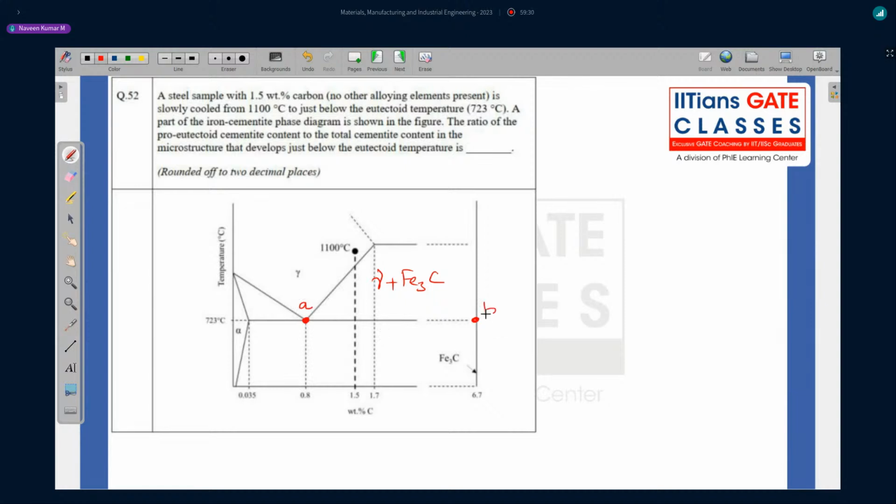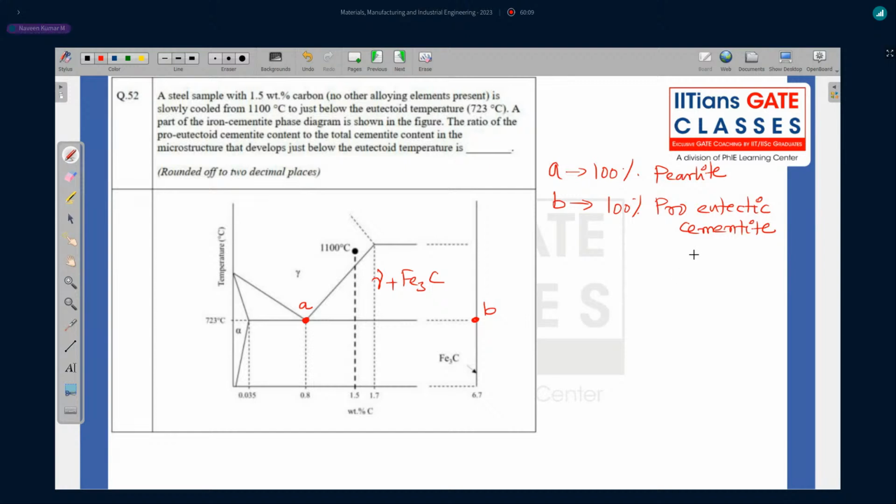I'll write some point B here. B is 100% pro-eutectoid cementite. Cementite means Fe3C. Fe3C is called cementite. Pro-eutectoid means higher level. So A is 100% pearlite, B is 100% pro-eutectoid cementite. Sometimes people even write Fe3C as cementite. It has a high amount of carbon and is very brittle in nature.